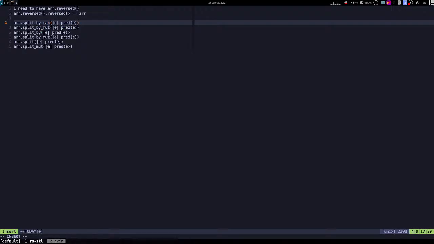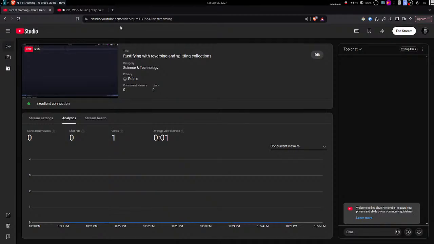Split_by, and split. What should be the algorithm name? I need a good algorithm name.